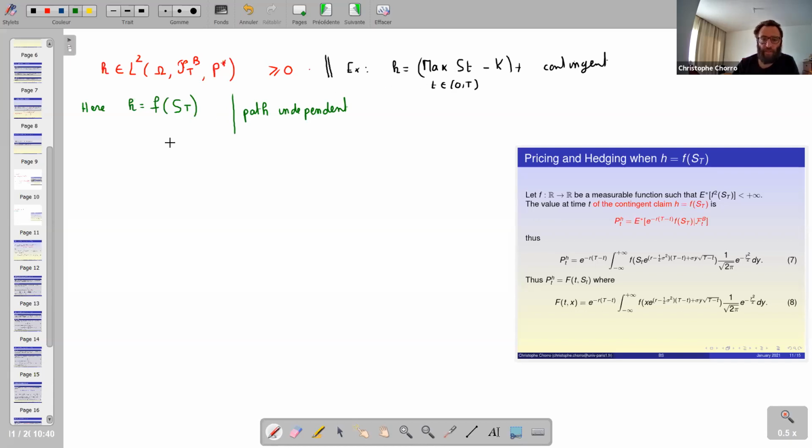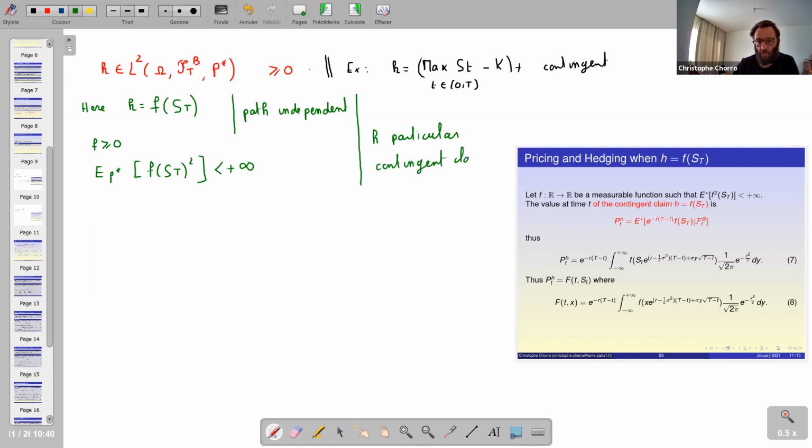And of course, if I want to have my conditions here, I can impose f to be positive, and the expectation under P star of f of S_T squared to be finite, in order to obtain this way a particular contingent claim H.